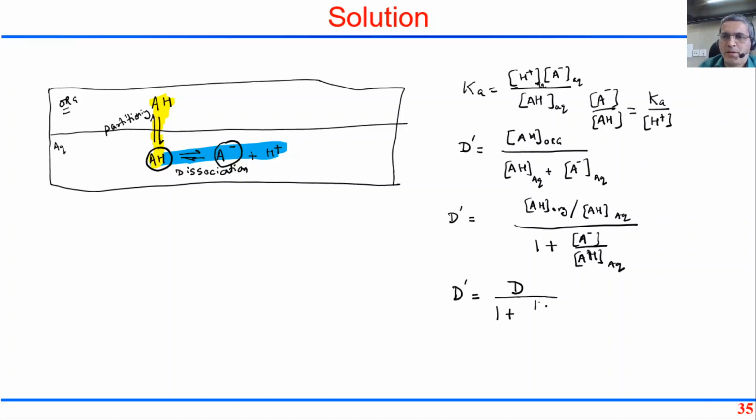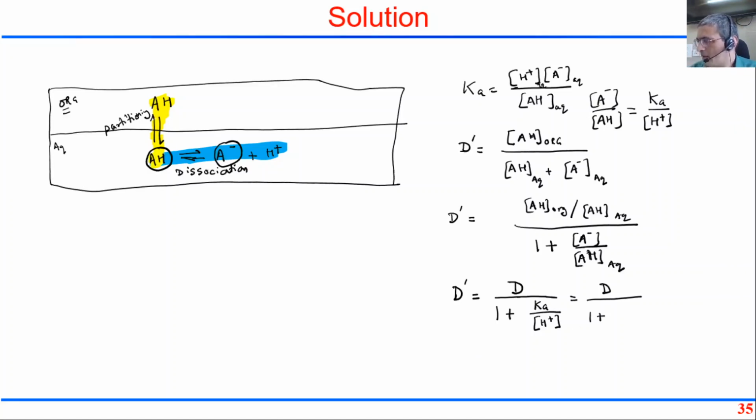So this would be Ka divided by H plus. You agree? So this would just be D divided by 1 plus Ka over H plus.